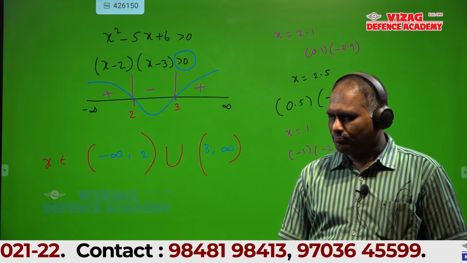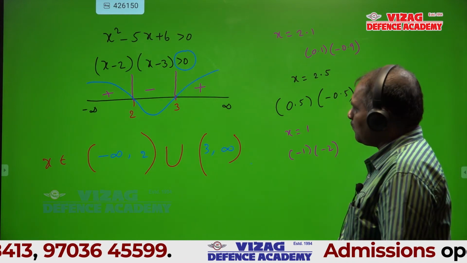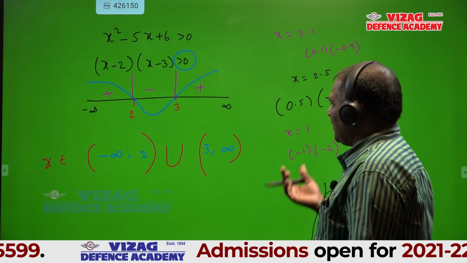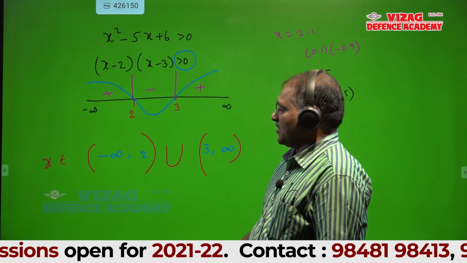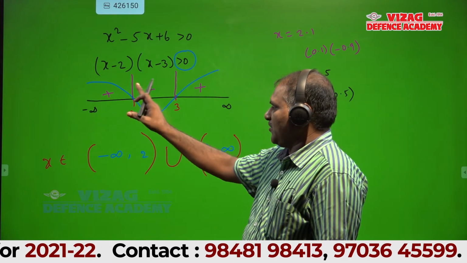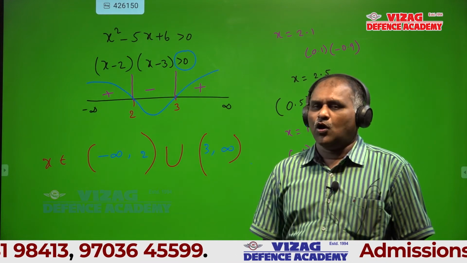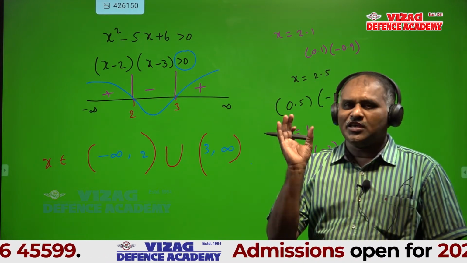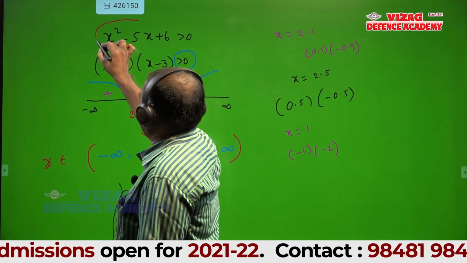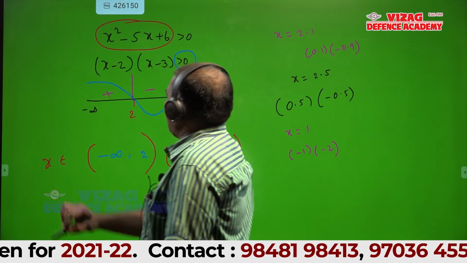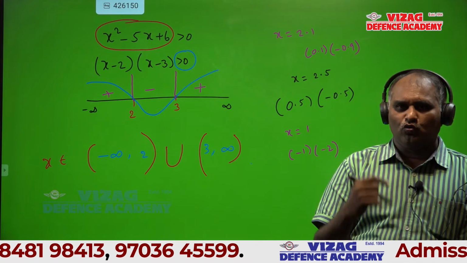Sir, one doubt: why did you write x equals 2.1, and x equals 1? Generally, there are 3 partitions: minus infinity to 2, 2 to 3, and 3 to infinity. In each partition, we need to find whether the function x square minus 5x plus 6 is positive or negative.